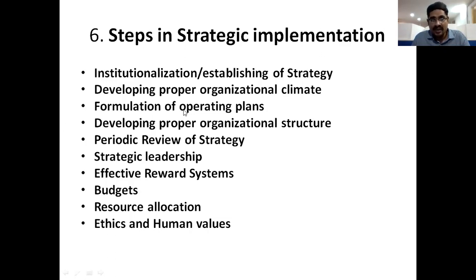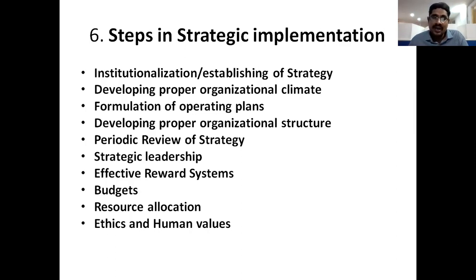And next, formulating operating plans. Operating means doing the things, so action plans. Simply the plans we need to follow, do, and take care of. About formulated plans, that is called your operating plans, right?